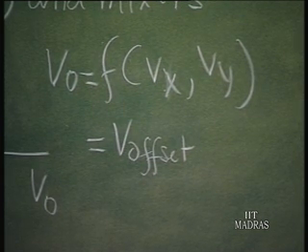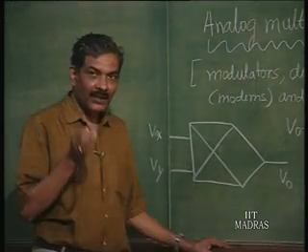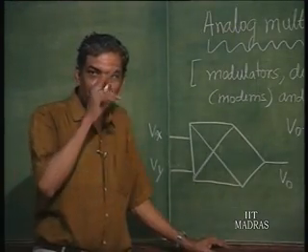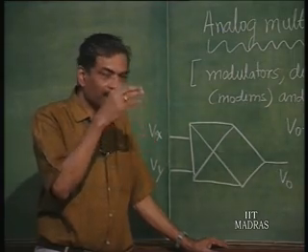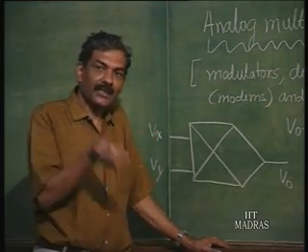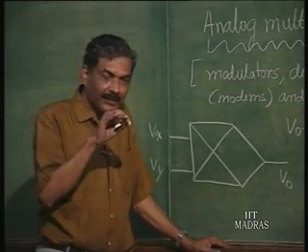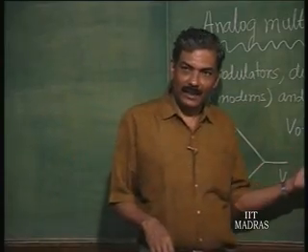Same thing is true with amplifiers also. In the case of an amplifier, it is a function of only one input Vx. So, output is a function of only one input Vx, but then it could be independent of Vx, which is also called offset there.